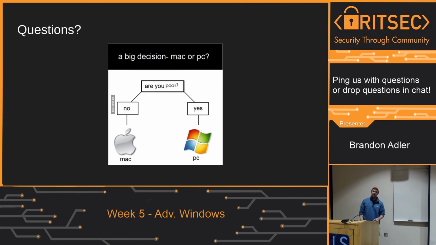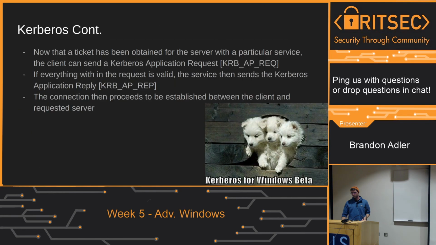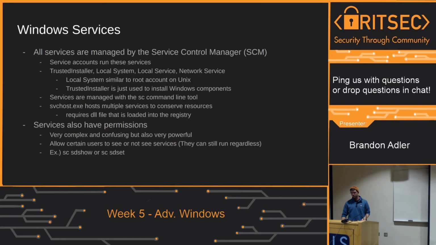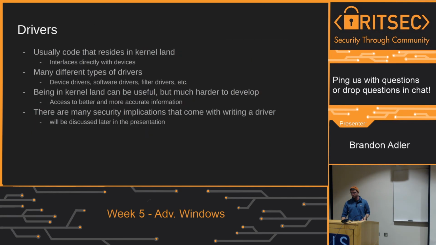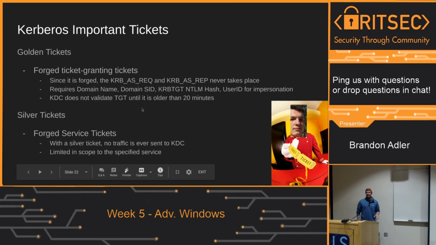Okay, awesome. So on the slide with Kerberos, which I'll go back to quick, because I know what you're mentioning. There it is. KDC does not invalidate TGT, right? So the ticket granting ticket is not the golden ticket.